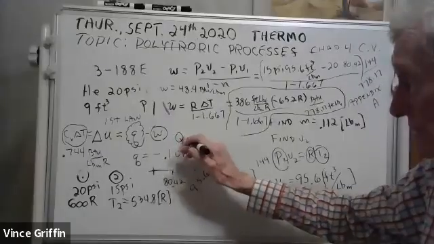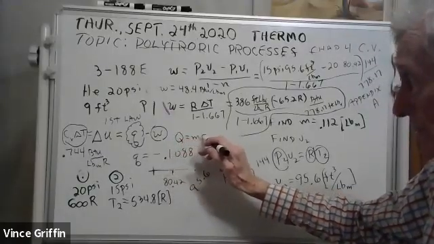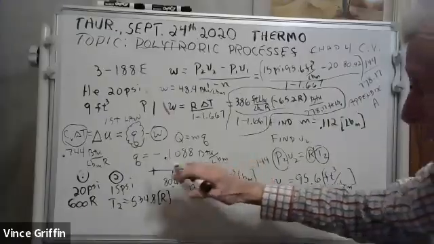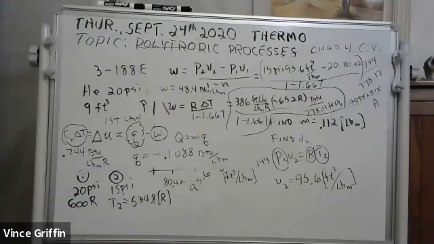Now, what they ask for, they ask for big Q. See, now big Q is m times little q. Now here's little q. These units are BTUs per pound mass. Now it's negative, but you know it's not much.